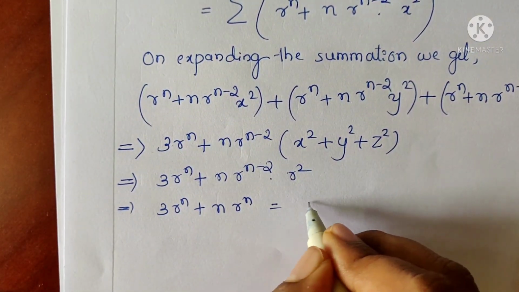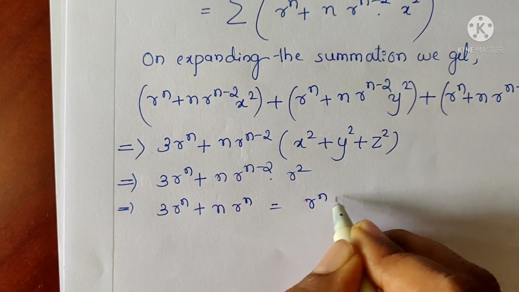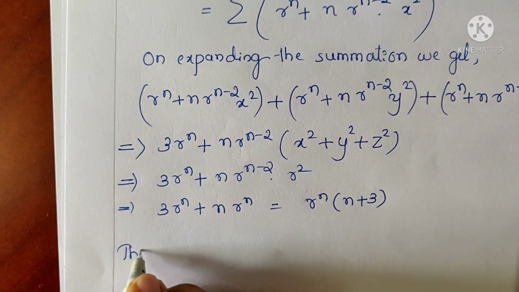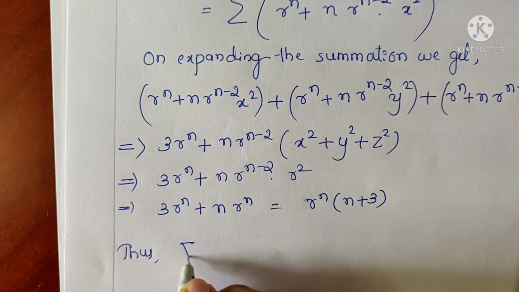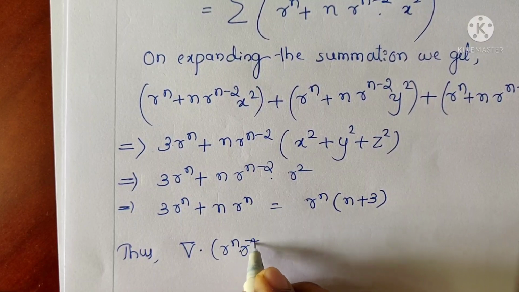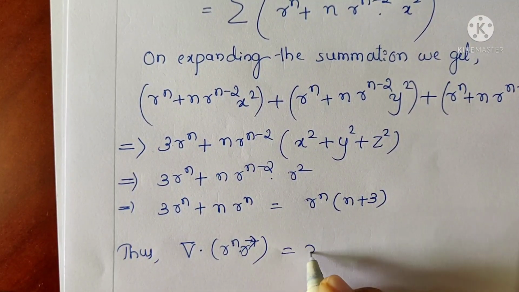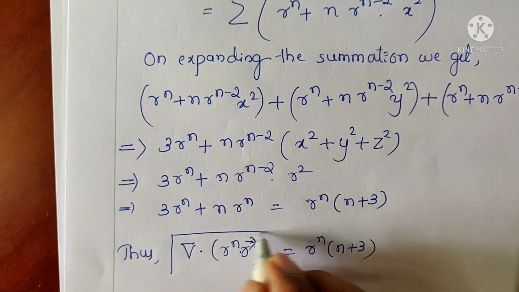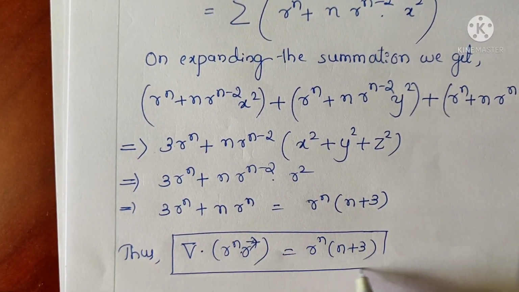So this implies r^n into (n+3). Thus del dot r^n vector r is equal to r^n into (n+3). Hence we prove this.